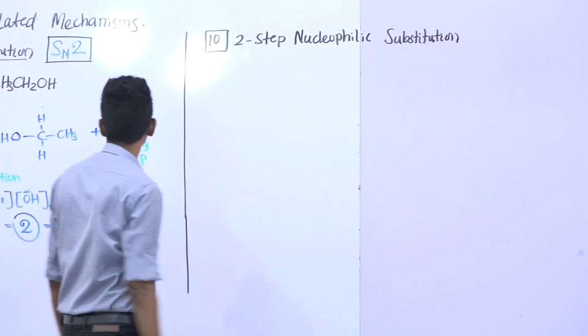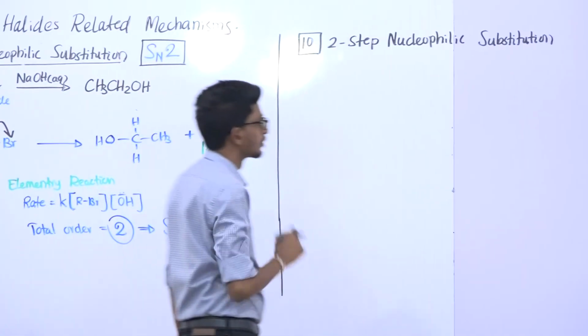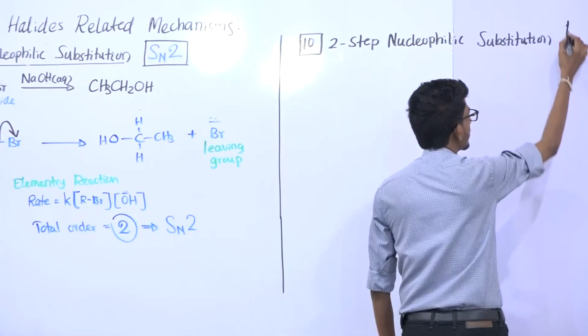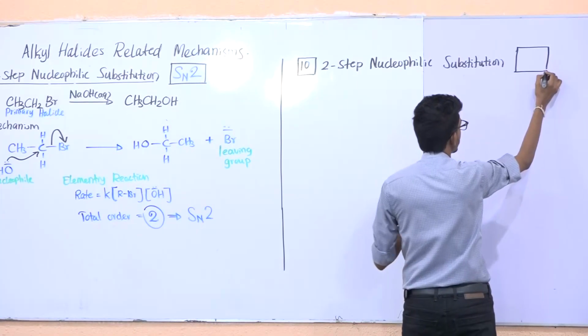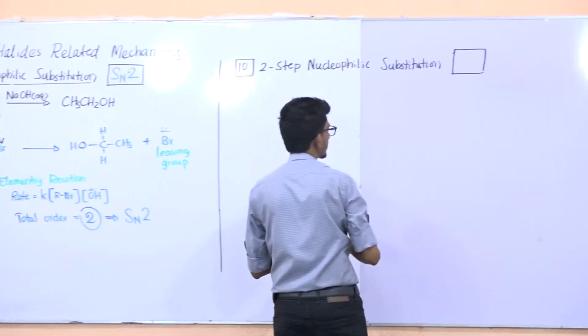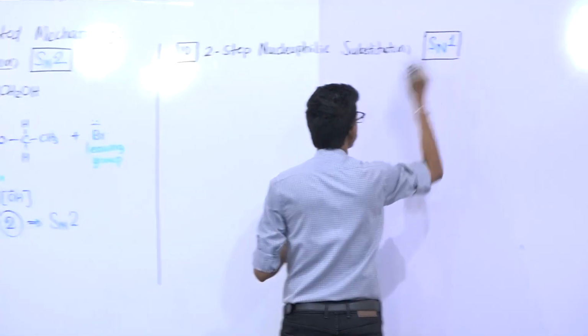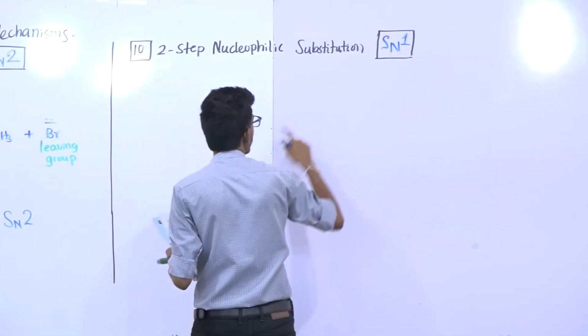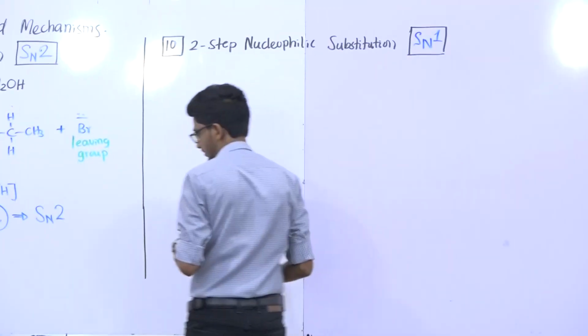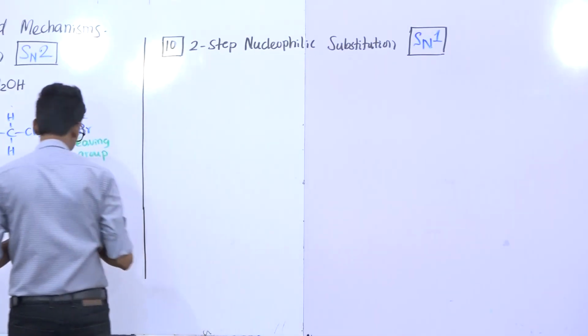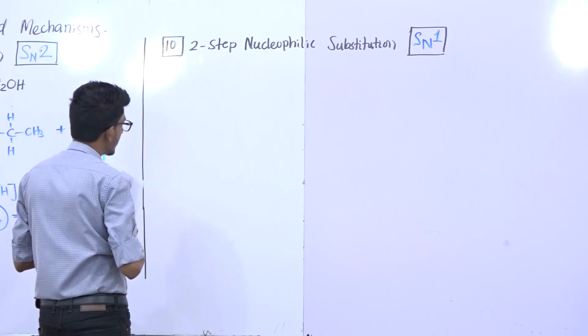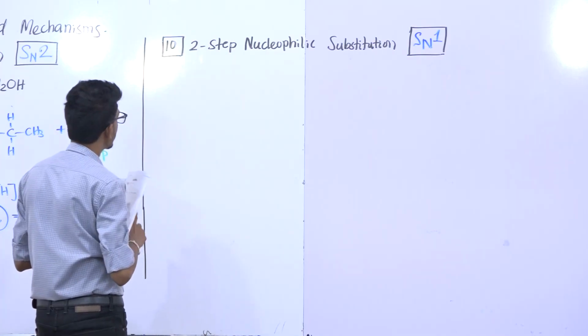Two-step nucleophilic substitution, which is referred to as SN1. We'll discuss why that is. It's all about kinetics, right? Substitution nucleophilic 1. The 1 means first order kinetics. Let's come up with an example here.